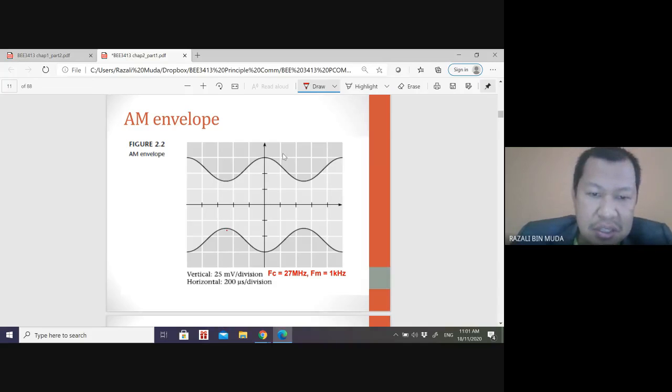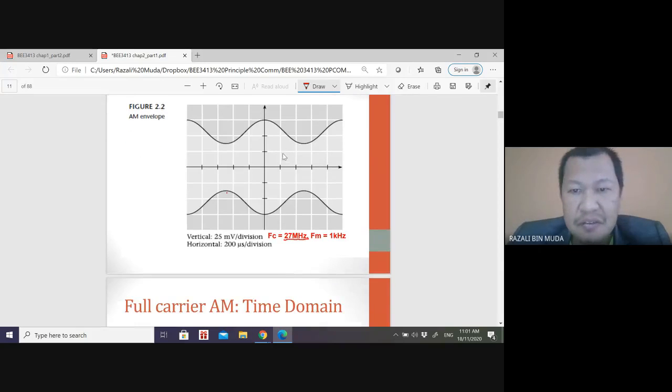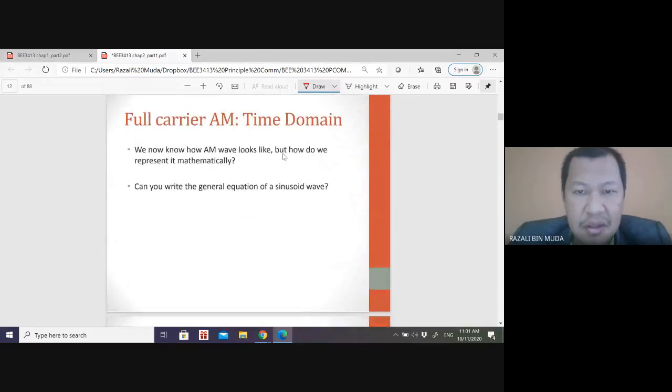The sine wave is too much, the frequency is very high, 27 MHz, so you can only see the pattern or the envelope. That is the meaning of the statement just now. So this signal can be represented in terms of time domain and what is the other domain?